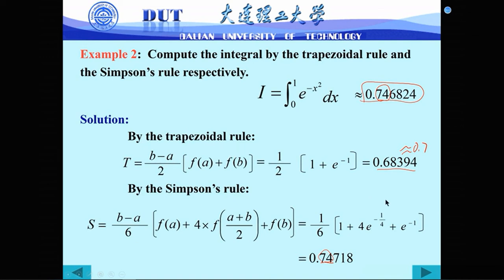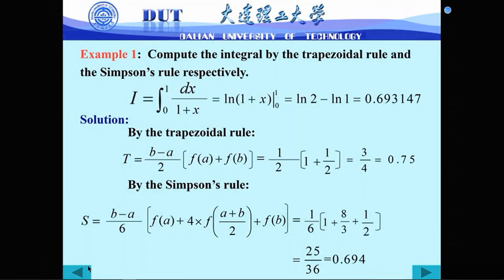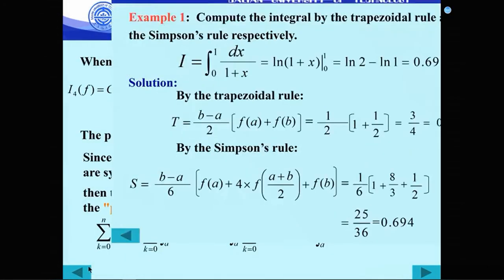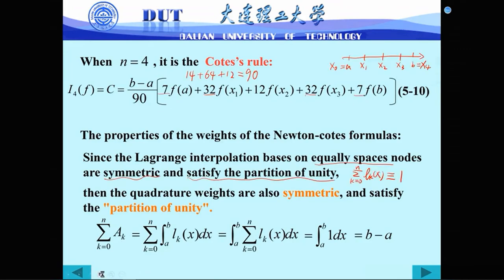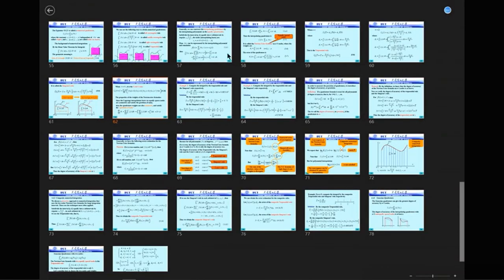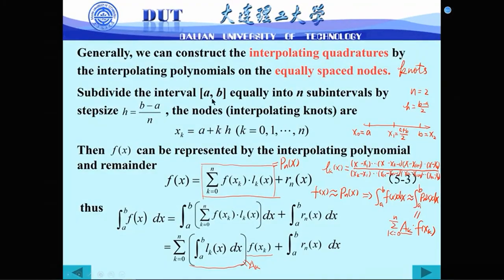It's okay for you? So firstly, you should understand how to construct the numerical integration. We use interpolation, quadrature means we use interpolation polynomial Pn. We use Pn(x) to approximate f(x), then we use the integral of Pn to approximate the exact integral.